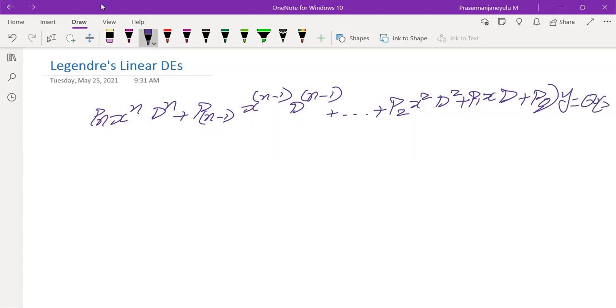This is the general form of Euler-Cauchy's linear differential equation. But here I'm going to give you one more point.